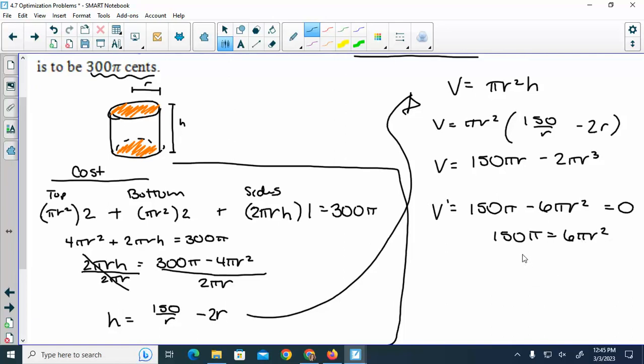If we divide by 6 pi, 150 divided by 6, probably like 25. Okay, square root, normally plus and minus, but can a radius be negative?